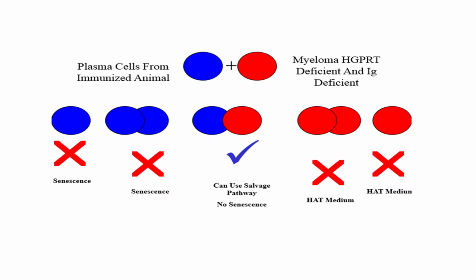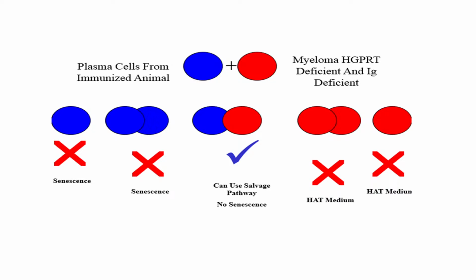Coming to fused myeloma cells, two myeloma cells fusing with each other, two red cells. Again, they have the immortality component, but they cannot survive because there is no HGPRT enzyme in them. So the only option that we are left with is a blue colored B cell fusing with a red colored myeloma cell.